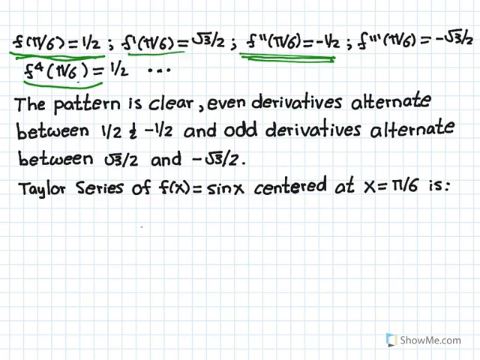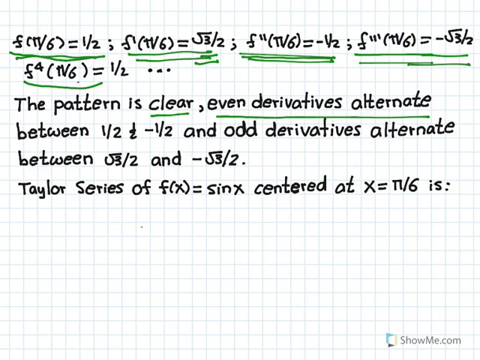While the odd derivatives, f prime of pi over 6, f triple prime of pi over 6, the fifth derivative of pi over 6, are alternating between root 3 over 2 and minus root 3 over 2. So we have developed a pattern. Now we just have to get a formula for it.